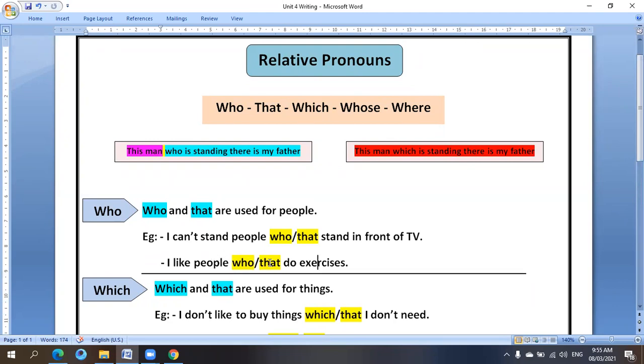Okay. So the relative clause or adjective clause must come after the noun. I like people who do exercise. We cannot add anything here because relative clause must. Do you remember when do we use must?